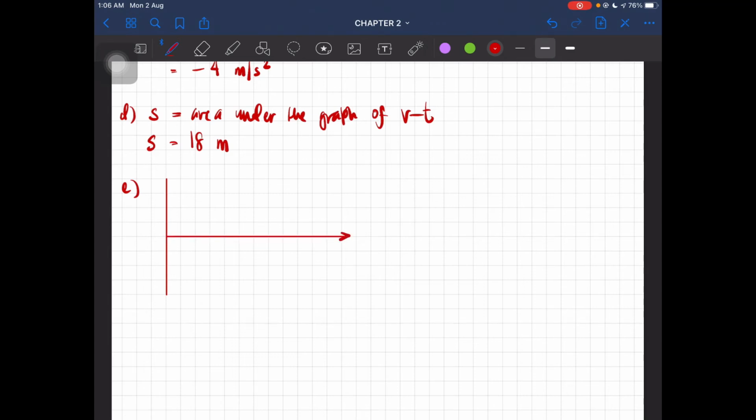This is time and this is acceleration in meters per second squared. So this is 2 and then we have -4, -2. And for time, 2, 5, 6.